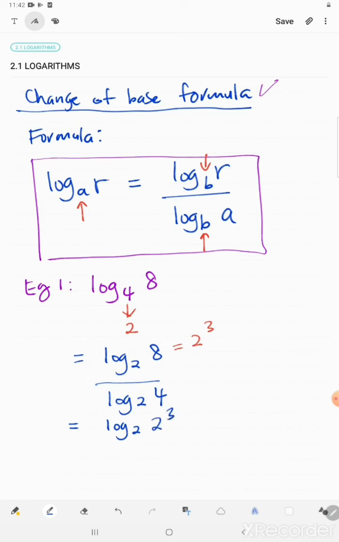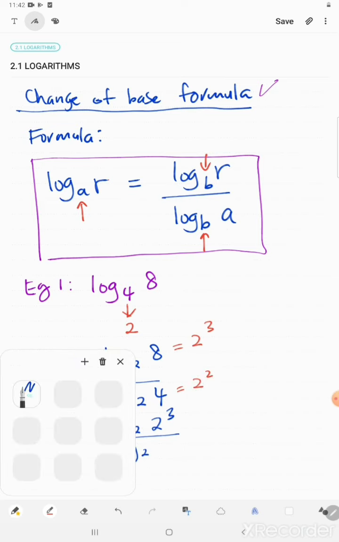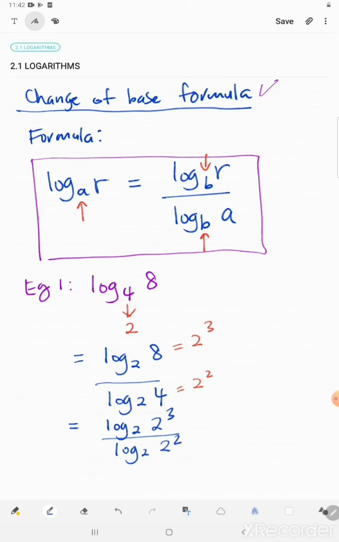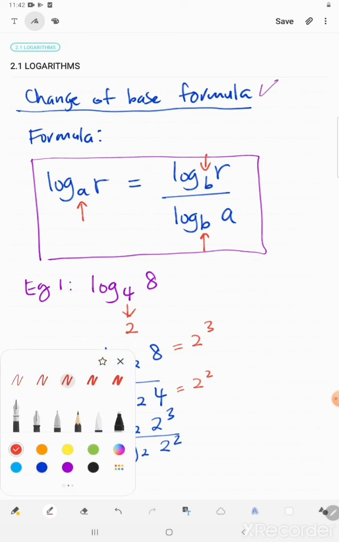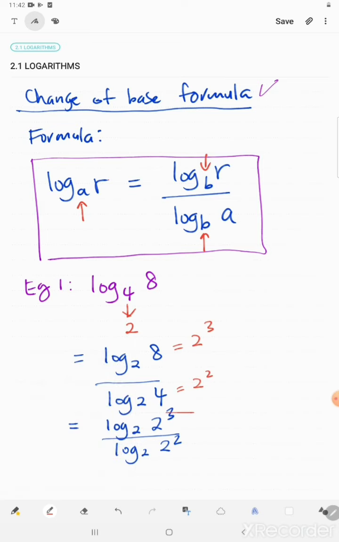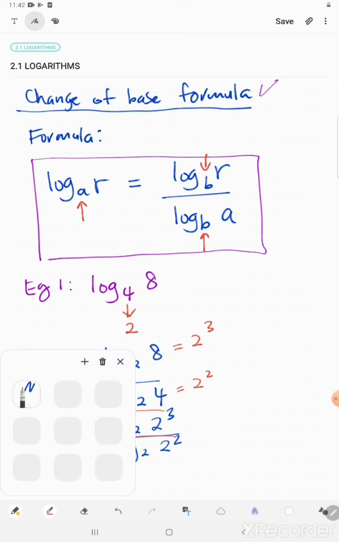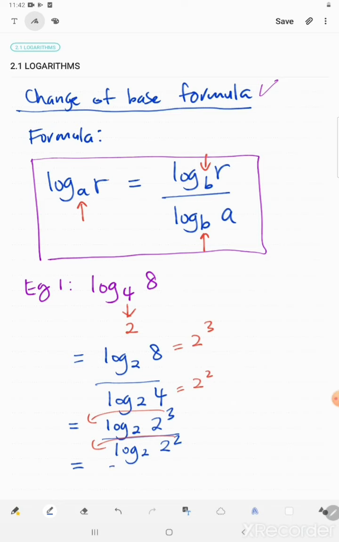So log 2 power of 3 divided by log 2, and then 4, we change into 2 power of 2. And we apply the law of log, so we can bring 3 to the front, and it becomes 3 log 2 base 2 divided by 2 log 2 base 2.